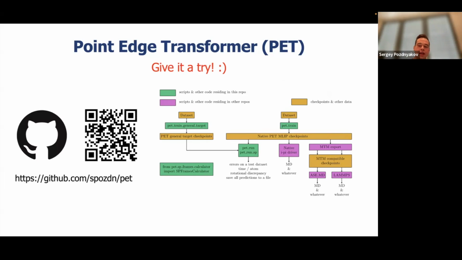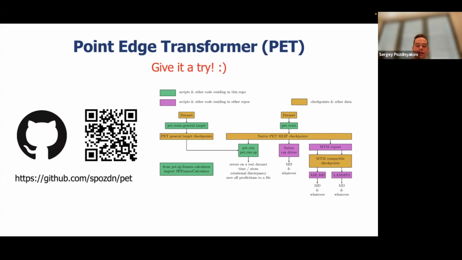So basically, PET is available online, so you can enjoy this model with such good accuracy for your own applications. You can fit the model yourself.